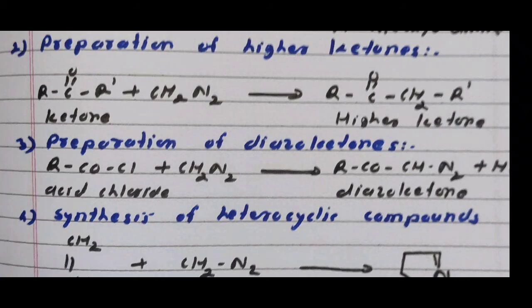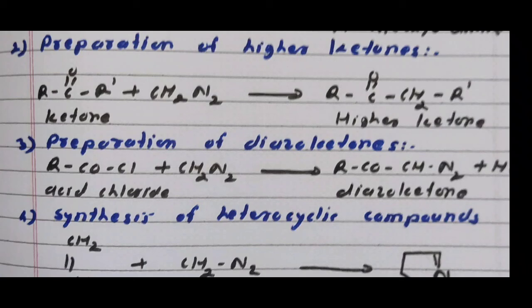Then the third one is the preparation of diazo ketones. For preparation of diazo ketone, I am taking here an acid chloride, any acid chloride. Suppose acetic acid chloride, CH3COCl. I am taking the general formula RCOCl. Acid chloride reacts with diazomethane to form diazo ketone.